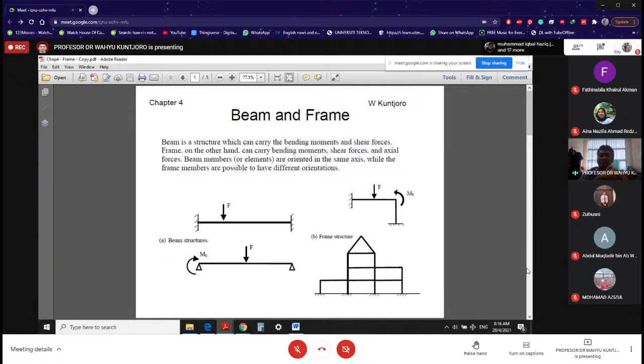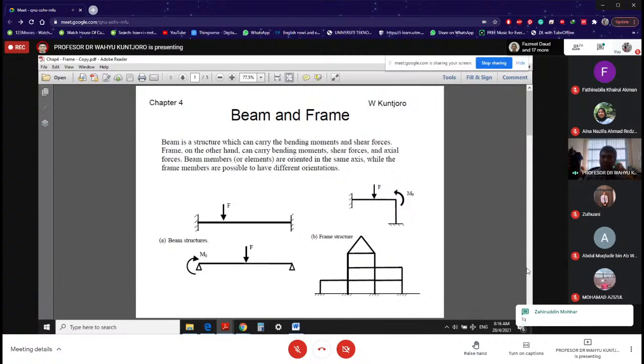Element orientation is very important, especially now because you begin to work with frame. And for frame, element orientation angle is crucial. All right, so that's what we discuss today.